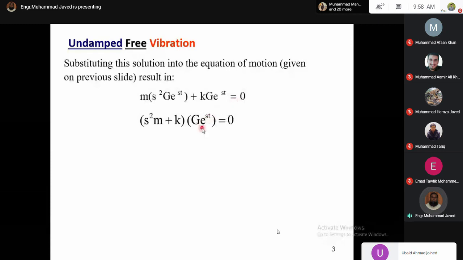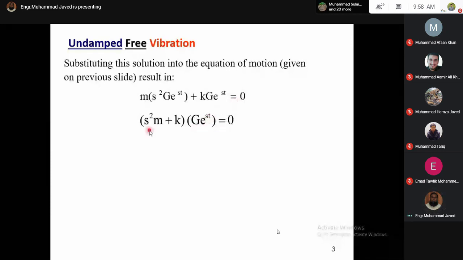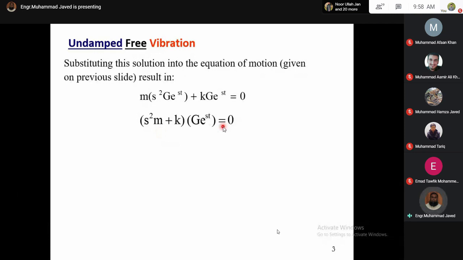You can take g into e raised to power st as common. Now the product of these two terms is 0. And the product of two terms is 0 if either both are 0 or if any one of these is 0. या तो दोनों 0 हो या एक 0 हो, दोनों 0 हो नहीं सकते। अब कौन सा टर्म 0 है?